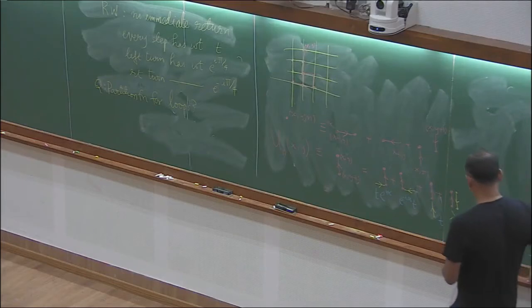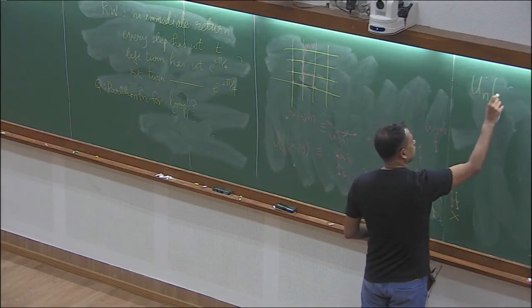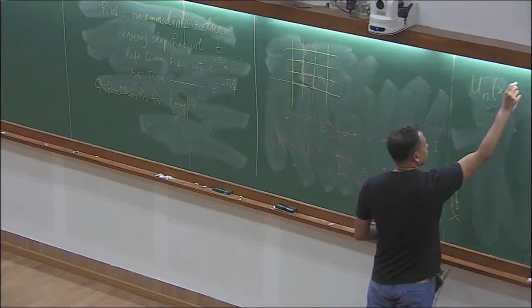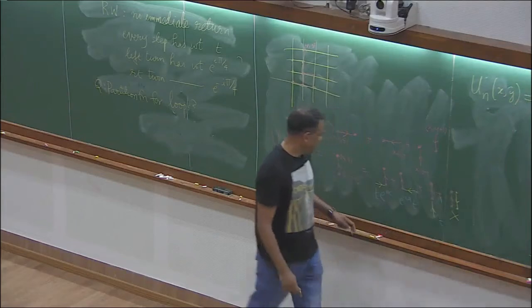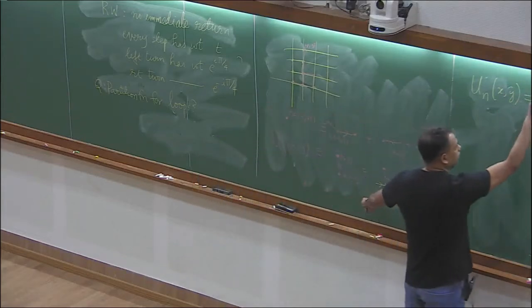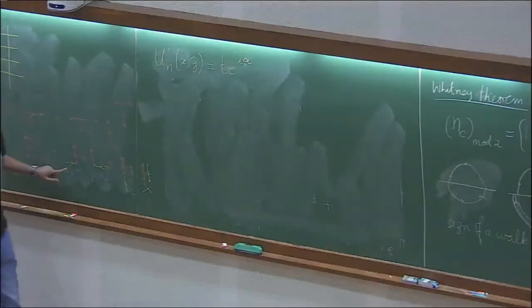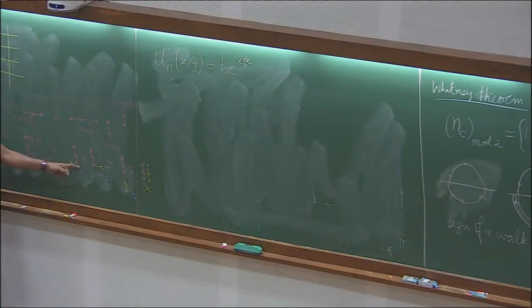In equation form, u n is equal to, I look at the first term, that is t e to the power i alpha. What should I call this one? It is coming from the rightward direction. This in the upward direction was u, this comes in the rightward direction, that is r.